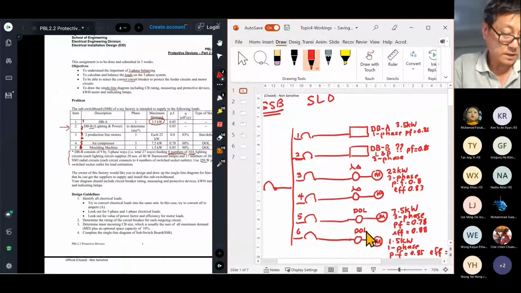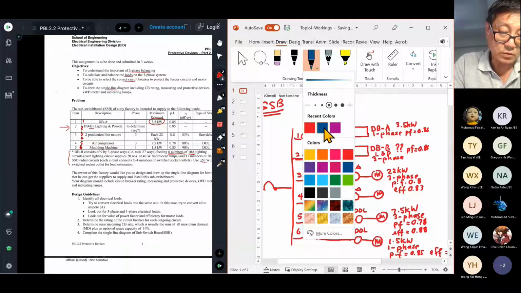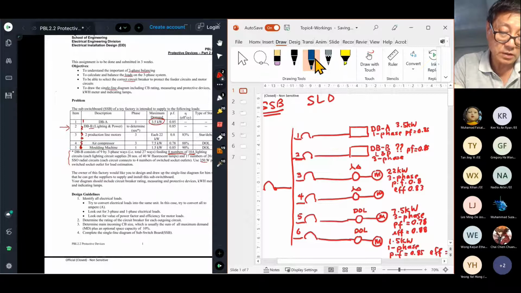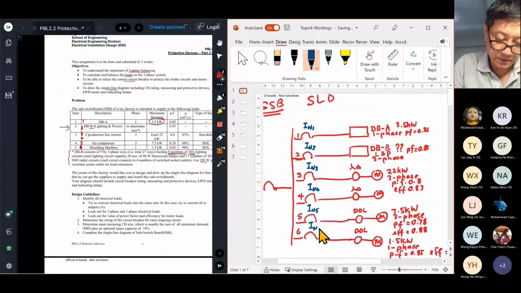All right. So if I were to identify all the things that I need to do, the first thing is to find out the circuit breaker rating for each one of these: circuit number 1, 2, 3, 4, 5, 6, and more importantly, this big one. I call this IM prime.